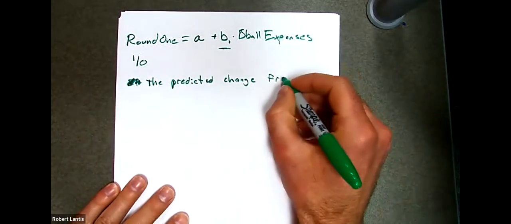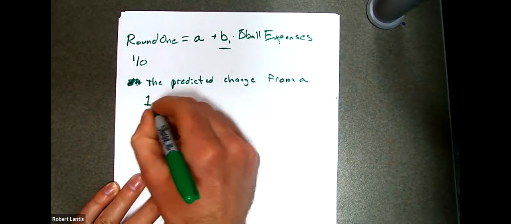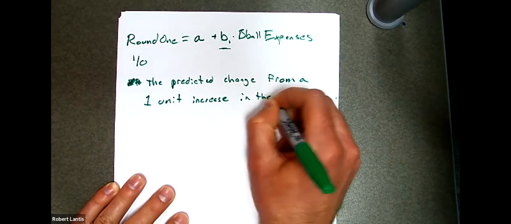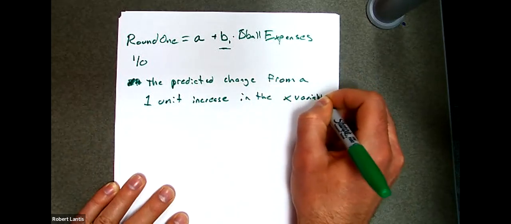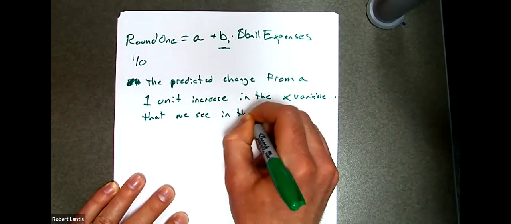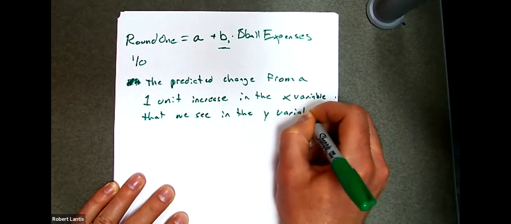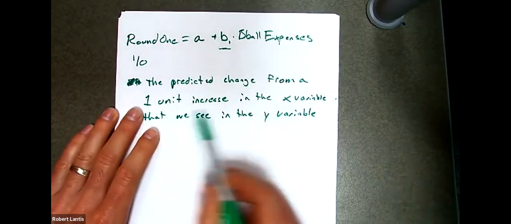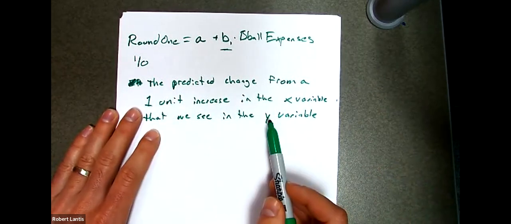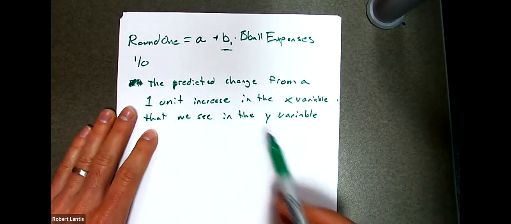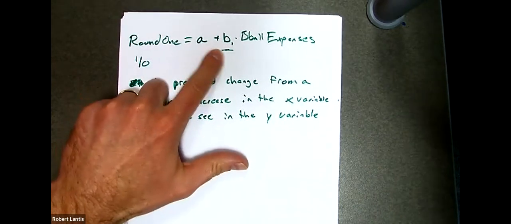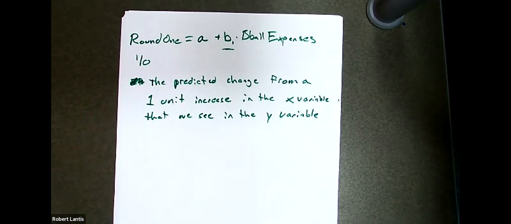So the predicted change from a 1 unit increase in the X variable that we see in the Y variable, right? So we can phrase this several different ways. We could say, it's the effect of a 1 unit change in our X variable on the predicted value of our Y variable, or the predicted change from a 1 unit increase in the X variable that we would see in the Y variable, right? Or thinking about it as if that X variable goes up by 1 unit, that slope coefficient is how much we expect the Y variable to change by, okay?